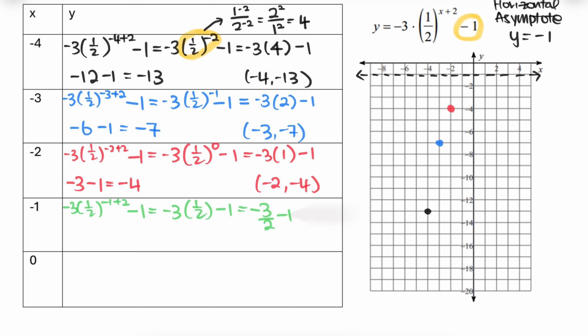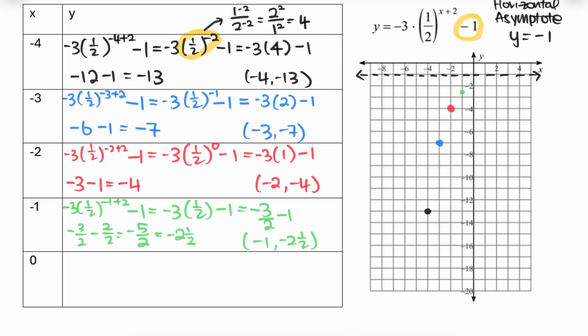The first one has a 2 as a denominator. So then we have -3 over 2 minus 2 over 2. That's going to give me -5 over 2. You could put this as a decimal, -2.5, or you could put -2 and 1/2, whatever works best for you. So then your ordered pair should be (-1, -2 and 1/2).